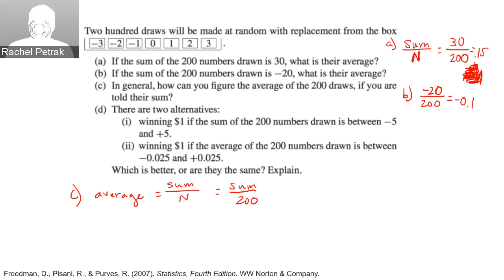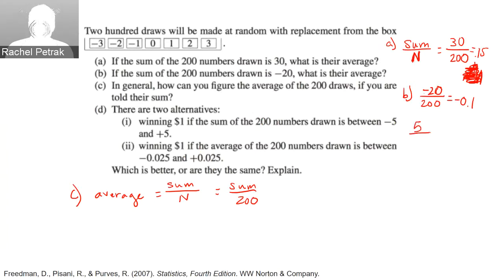Well, what we need to look at in order to make a decision here is we really need to break down and put these options on the same units or in the same scale. So if the sum is between -5 and +5, what's the average?